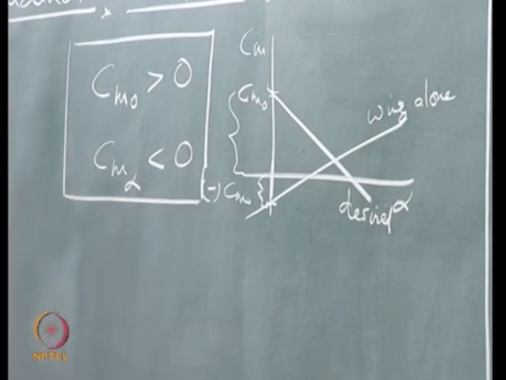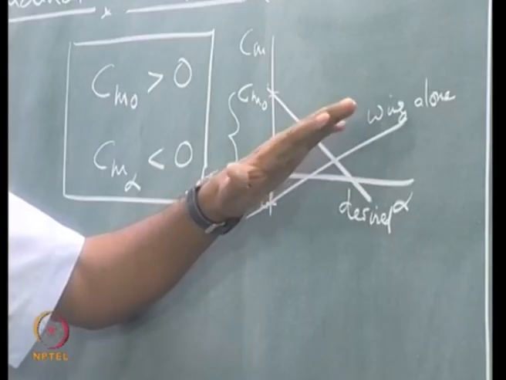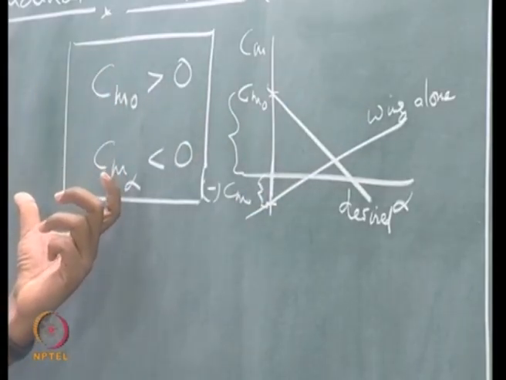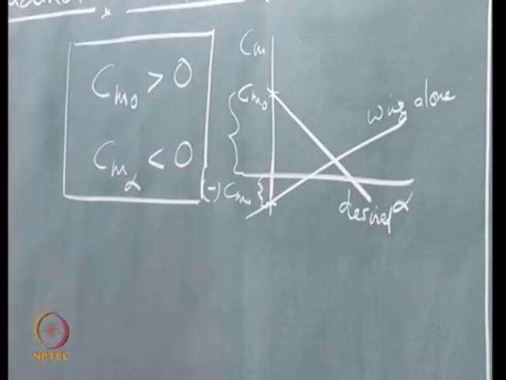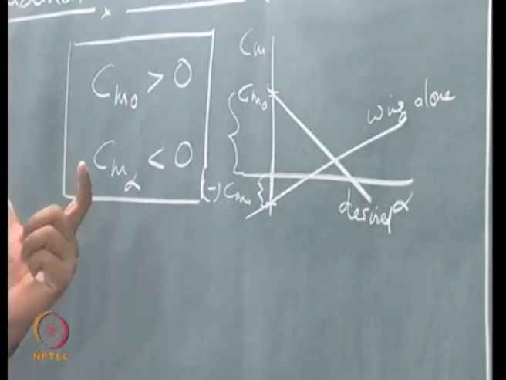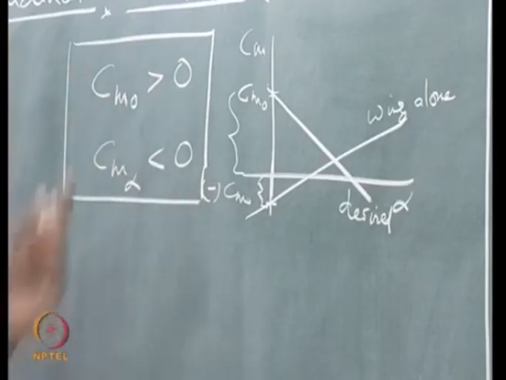In the last class we saw that the wing alone is not enough to satisfy both these criteria. So, for this reason a horizontal tail is added to the aircraft behind the wing, so that you can meet this criteria.